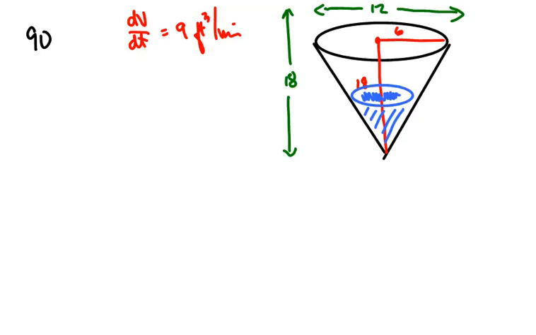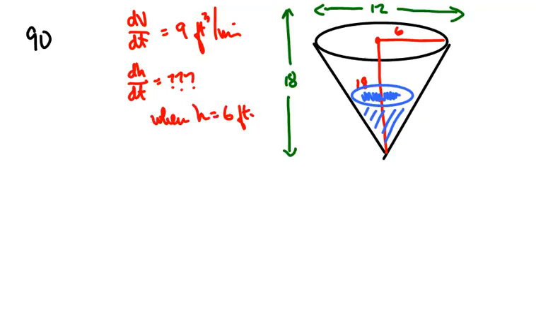So we write down dV/dt, the rate of change of volume with respect to time. And we're trying to find the rate of change of the height of the water in the tank with respect to time, at the instant that the depth of the water in the tank is 6 feet.